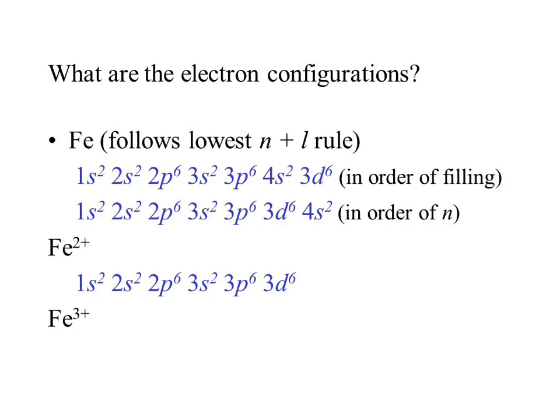So the Fe2+ cation has lost all of its valence electrons. We talked about exceptions to the lowest n plus l rule, and we said those exceptions occur on purpose to get a half-filled either d or f subshell.